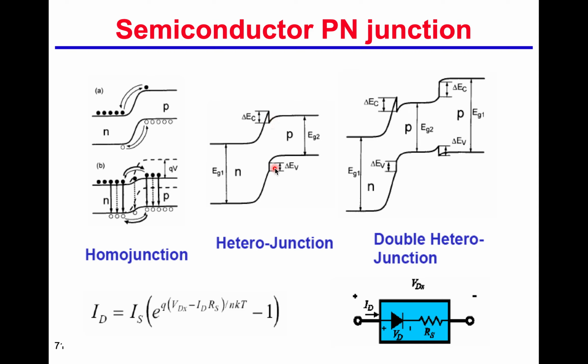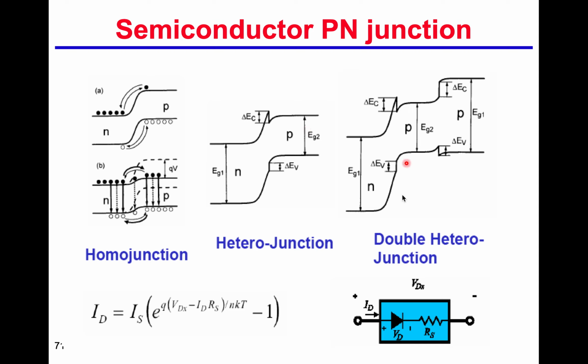In other words, we can spatially confine the carriers in this small region. And that is a heterojunction, or we call it a single heterojunction. Heterojunction means we use two kinds of material with different bandgap.